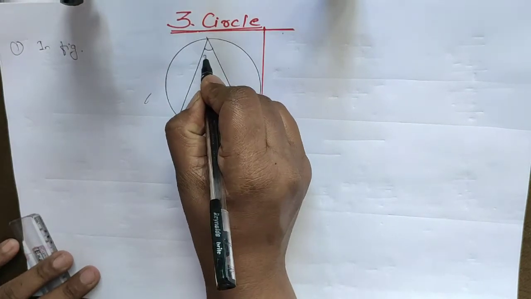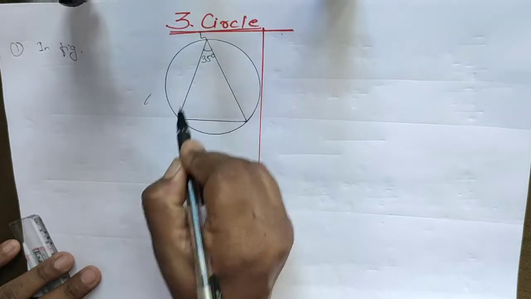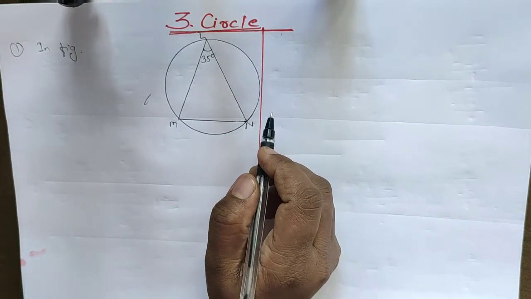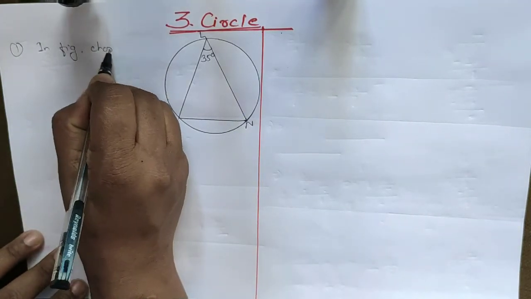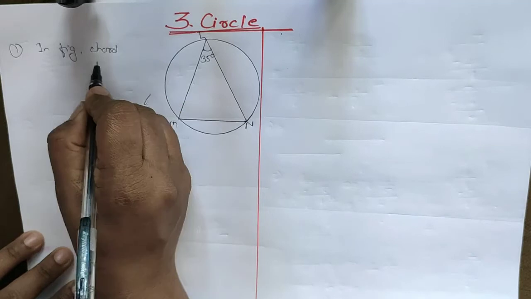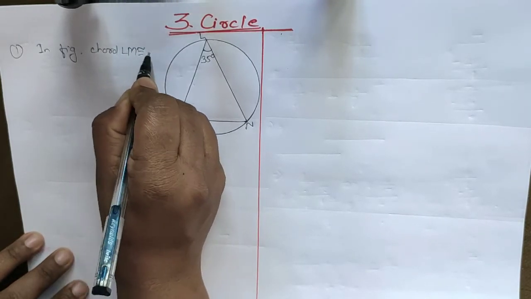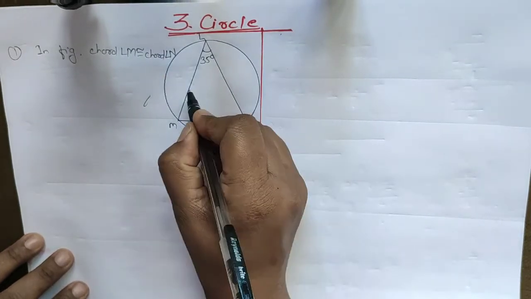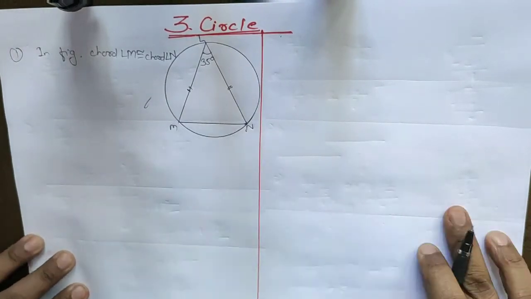This is 35 degrees and the name of the triangle is LMN. Okay, and in the figure, chord LM is congruent to chord LN. LM is congruent to LN, its measure is the same.